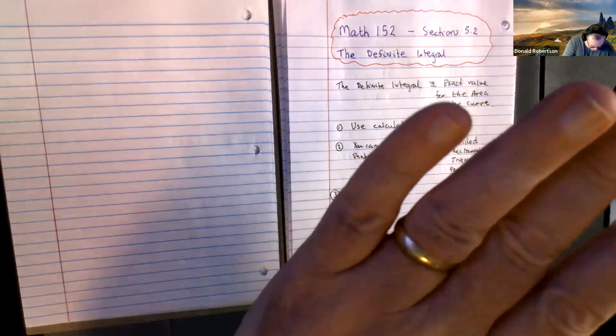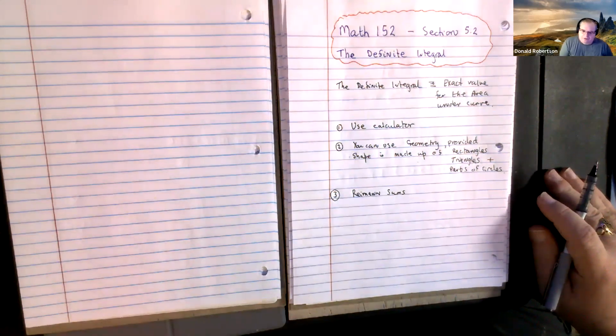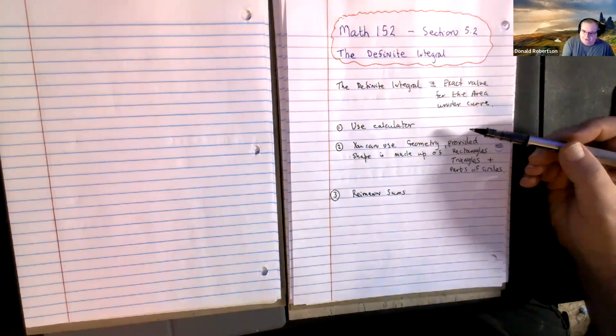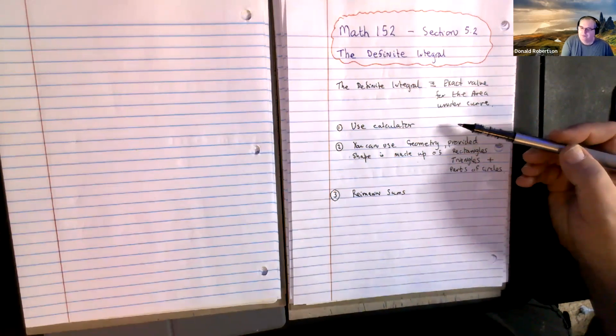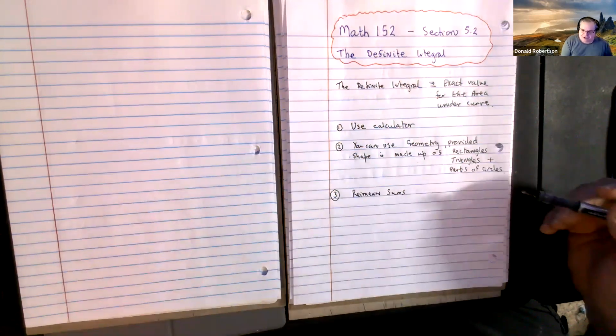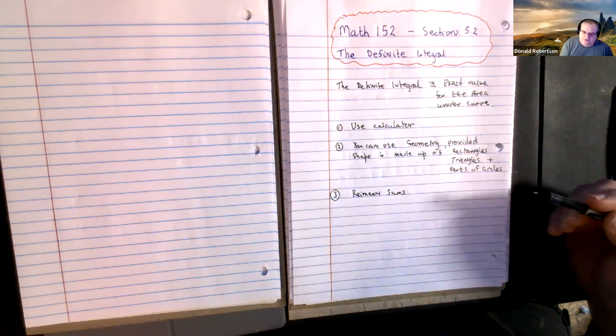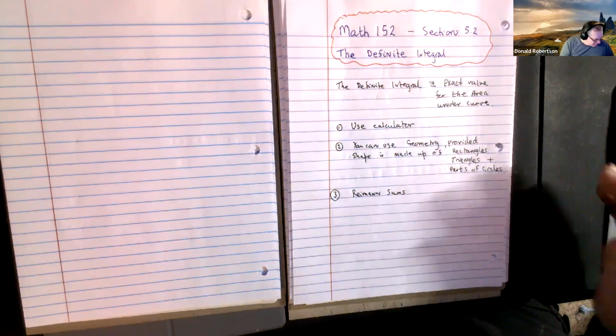Isn't there a nice quick way of finding area under a curve without having to do 80 strips with the Simpson rule, or hit buttons in a calculator? We don't know what it's doing, but the calculator is figuring it out for us. Or hoping that the shape is just made up of rectangles and triangles and bits of circles. Or having to do this really messy thing called Riemann sums. Is there a better way to do it?